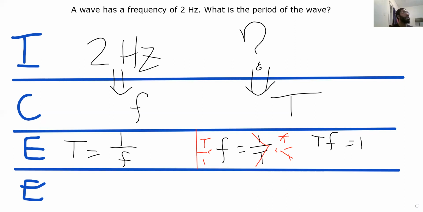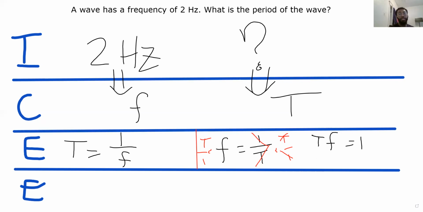Now, in order to get to our final form of the equation where t is by itself, we need to separate f. We need to remove f. Currently t and f are being multiplied by each other, so we're going to have to divide in order to separate them.